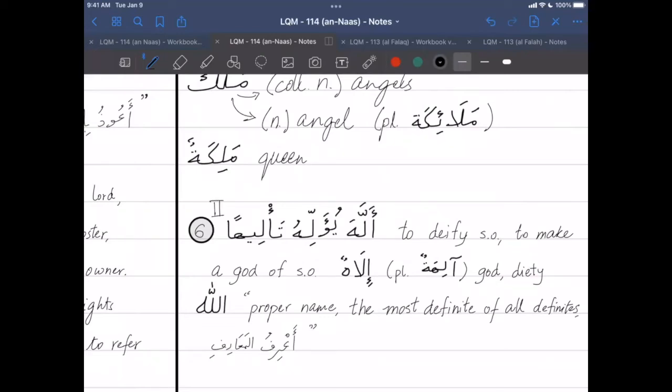And it is Allah yu'allihu ta'lihan, meaning to deify someone, to make a god of someone. And then the word ilahun, where the plural of alihatun means god, deity.